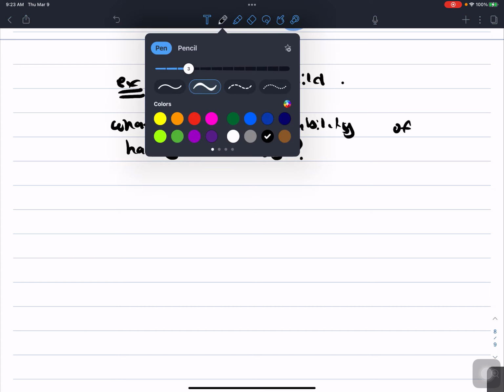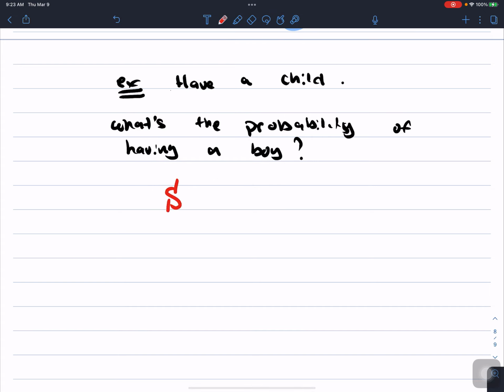You got to go where? What's your sample space? It's in your notes. What's the sample space when you have a boy? What's in the sample space? What's the definition? The list of all possible outcomes. Okay.